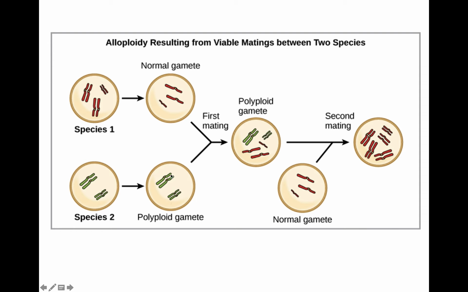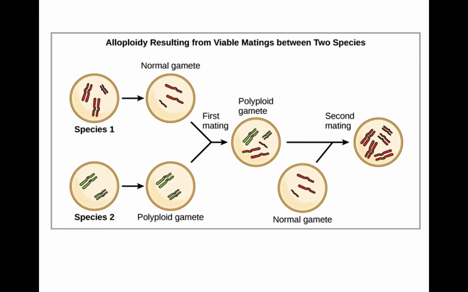So you have more chromosomes than would normally be present in a gamete. That particular gamete happens to come together and fuse with a normal gamete from another plant, and then you produce a new organism, and that new organism produces a polyploid gamete.